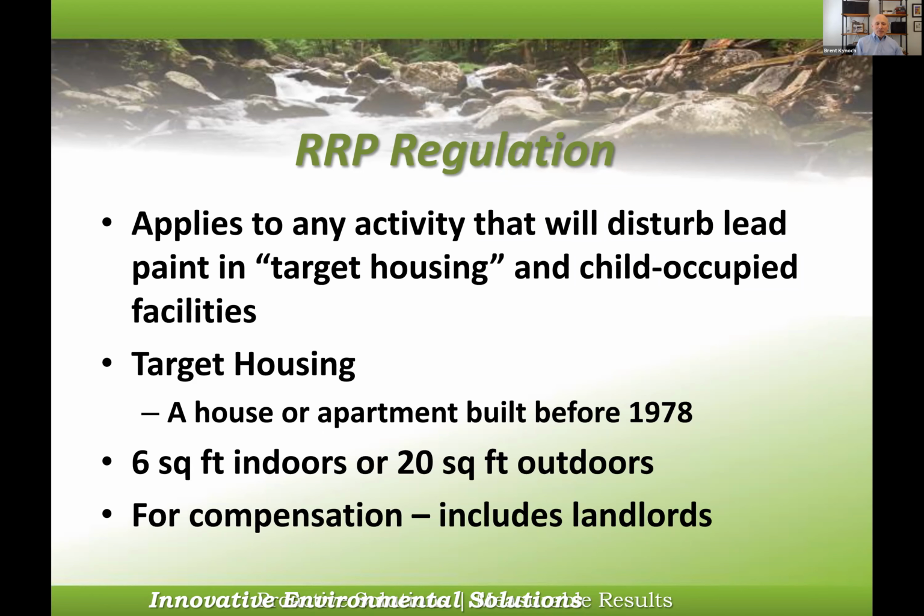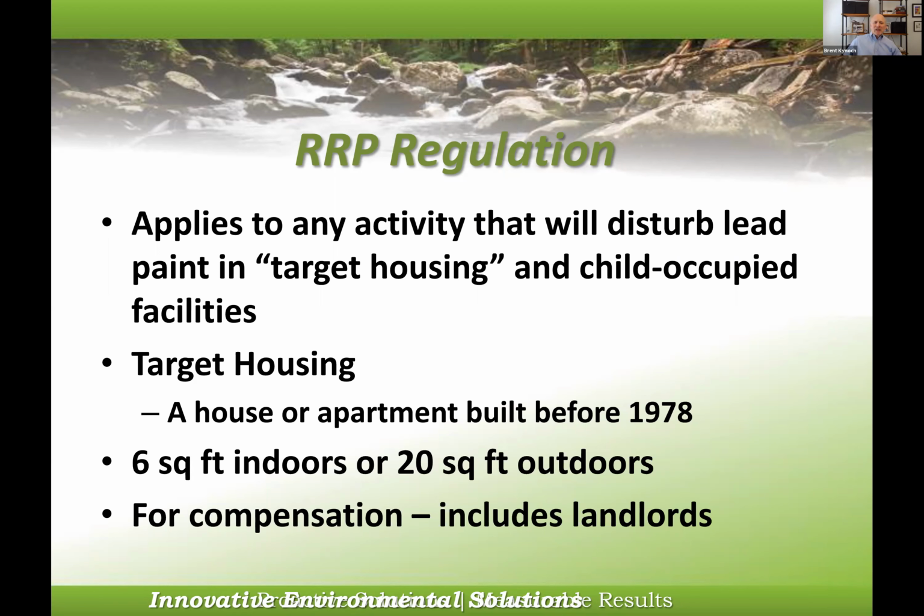In short, it was EPA's attempt to cast a pretty big net to try and prevent contractors from producing lead-containing dust as part of their work, which then might be ingested or inhaled by either adults or children.